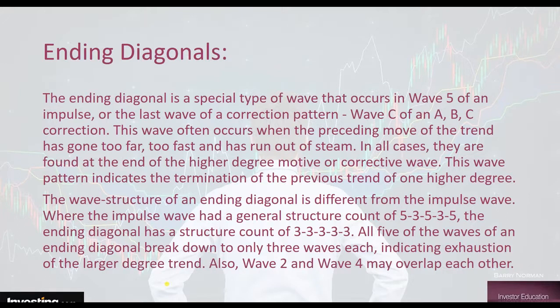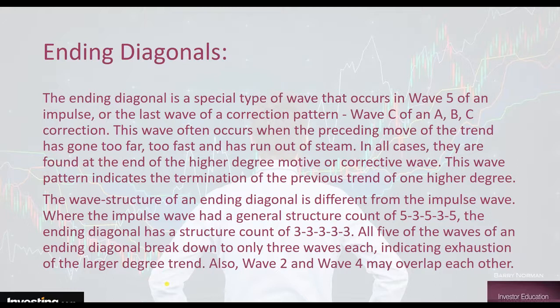Now, you have to understand that these waves occur within larger waves. First, you have to identify the larger wave, and then these are the subwaves within that larger wave. The larger wave stays a 5, 3, 5, 3, 5, or a 3, 3, 3, 3, 3.